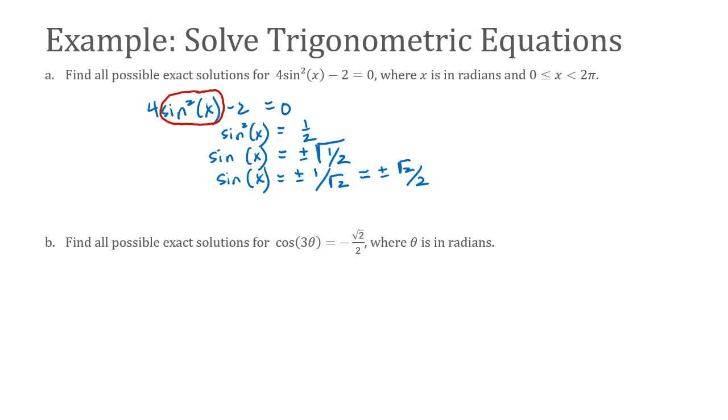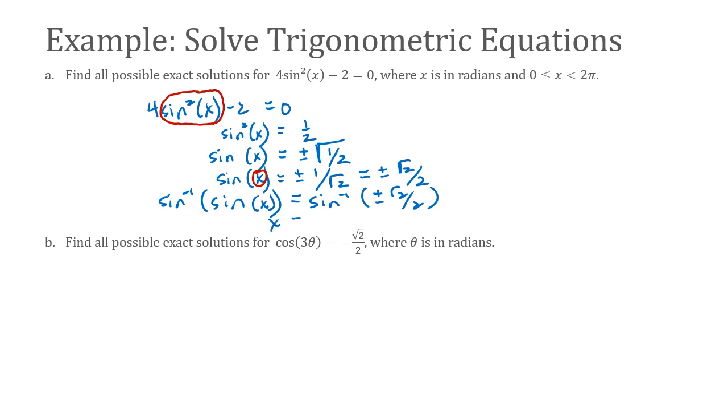So what I'm looking for is the angle x. What angle, when I take the sine, gets me plus or minus the square root of 2 over 2? So let's go ahead and say sine inverse of the sine of x is equal to sine inverse of not only positive square root of 2 over 2, but also negative.